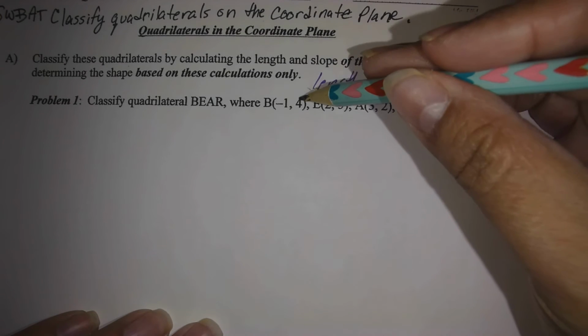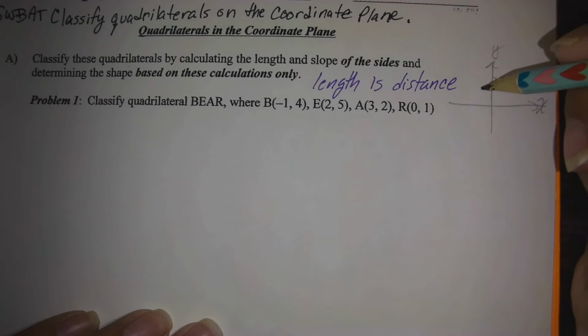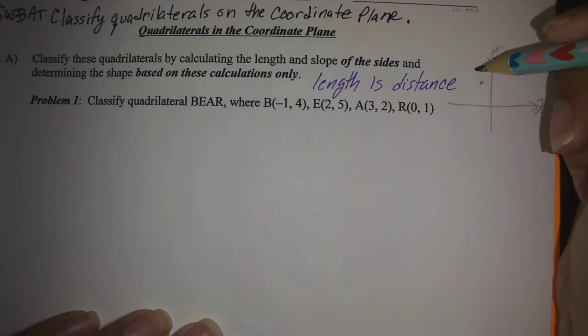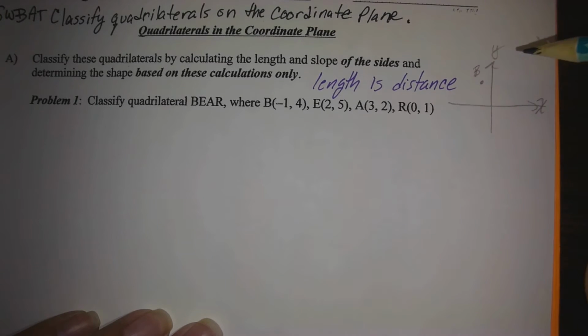So I know -1, +4 is somewhere around here. 2, 5 is going to be somewhere up here. It has to be higher than the 4. So we're going to call this E. And again, this is a sketch, so it doesn't have to be exact.